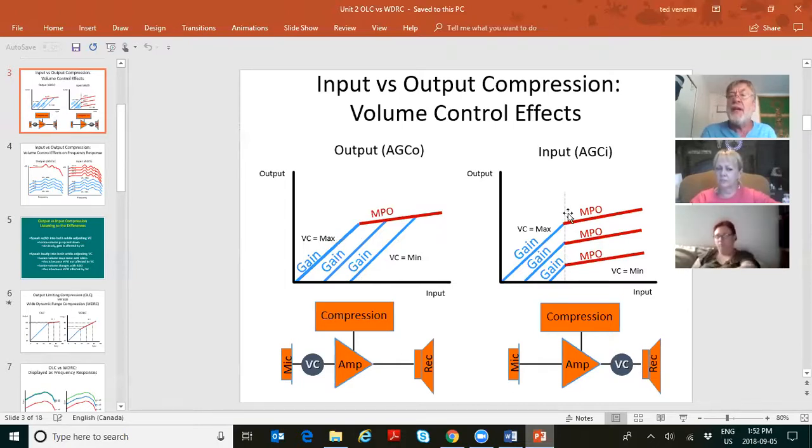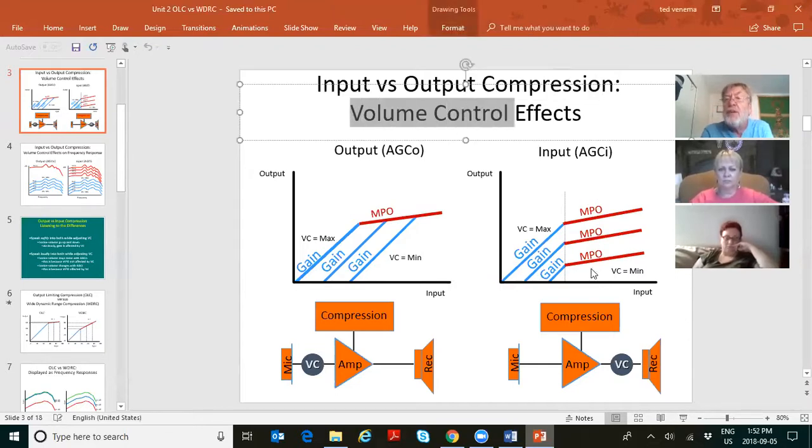Okay? Then you had a hearing aid called input compression. This was found on weaker hearing aids, where you didn't care so much that when the listener adjusted his volume control, the MPO stayed the same. Okay? You didn't care as much. So here, when you adjusted the volume control, you changed not only the gain, but you also increased the MPO.